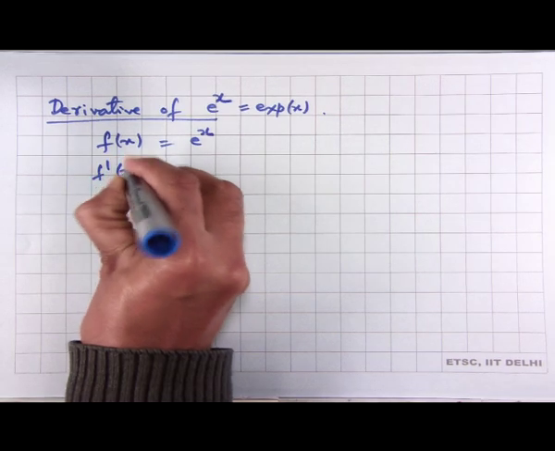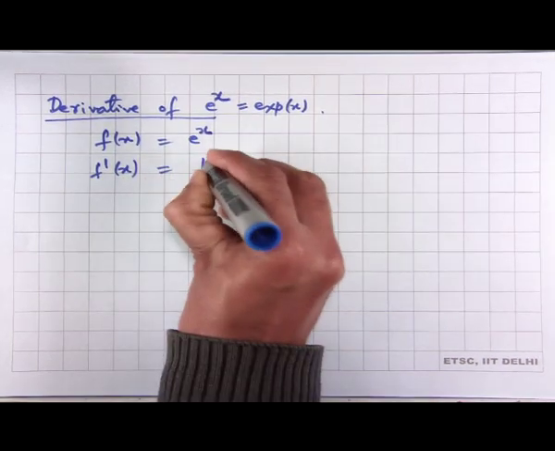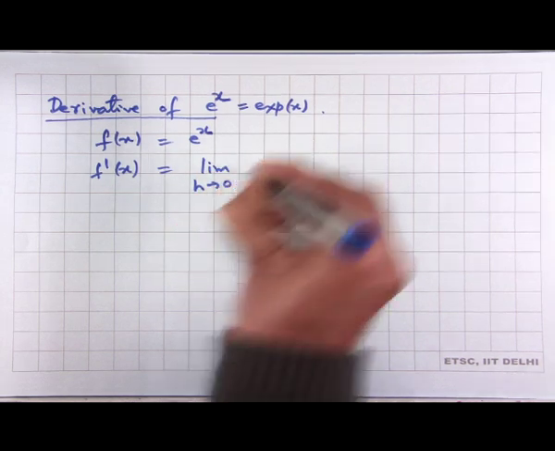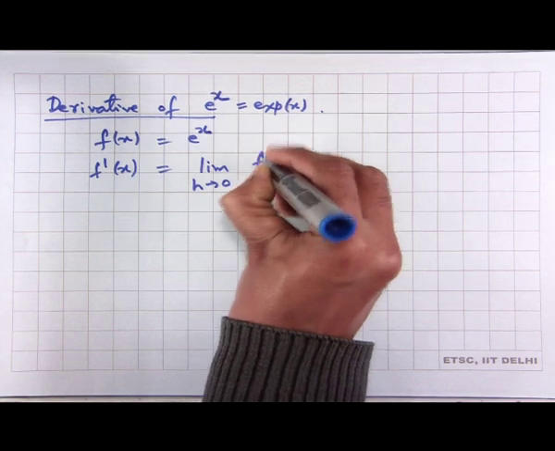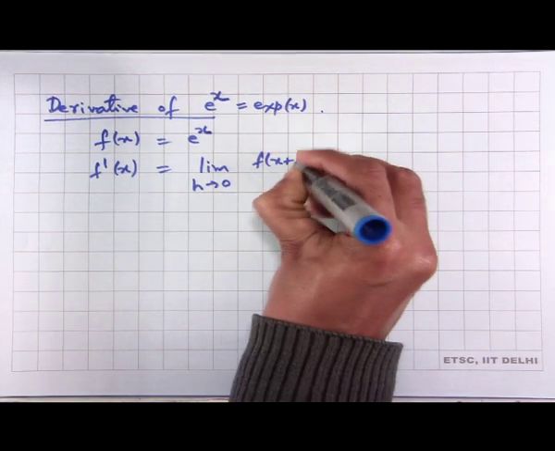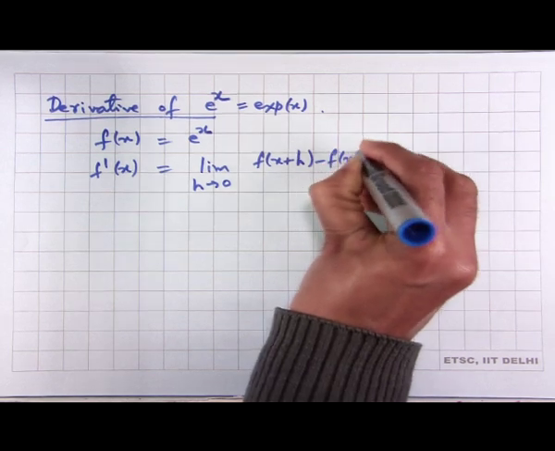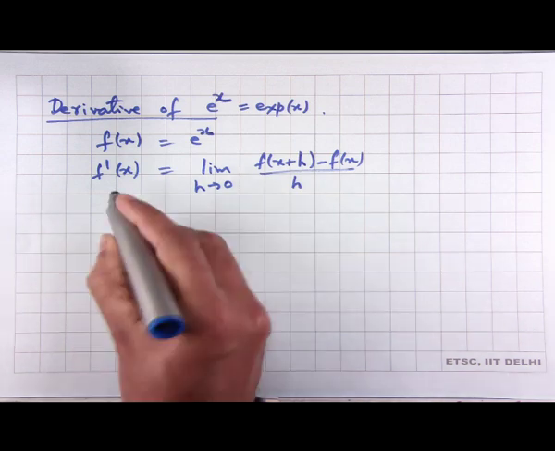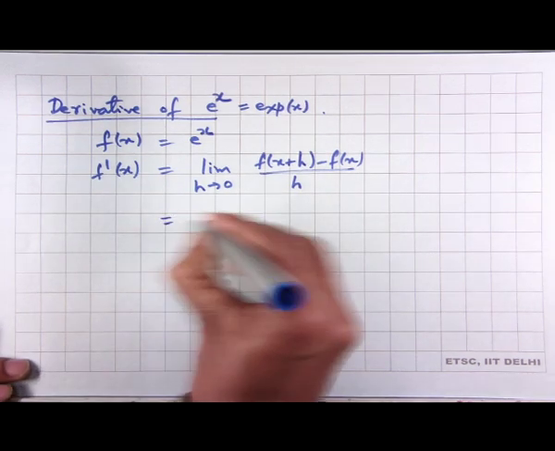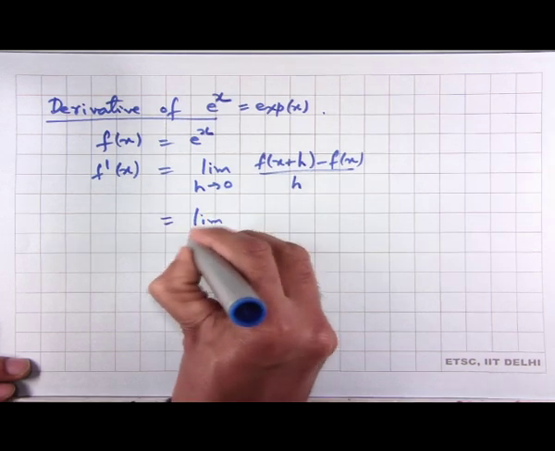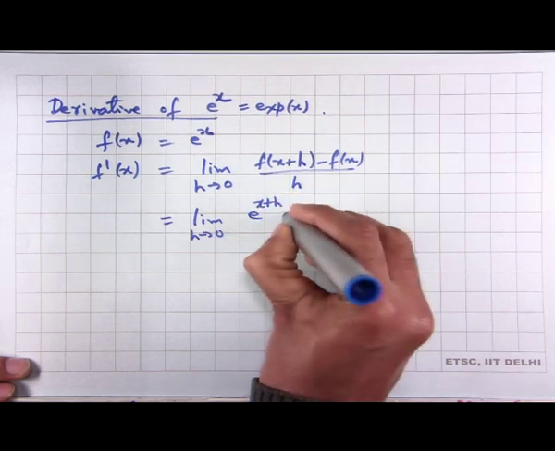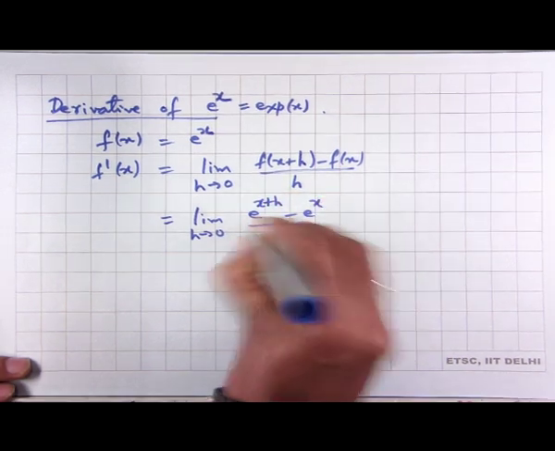Then to find f prime of x, we need to see whether the limit as h goes to 0 of (f(x + h) minus f(x)) over h exists. If this limit exists, then it is the derivative, and this is equal to the limit of h going to 0 of (e to the x plus h minus e to the x) over h.